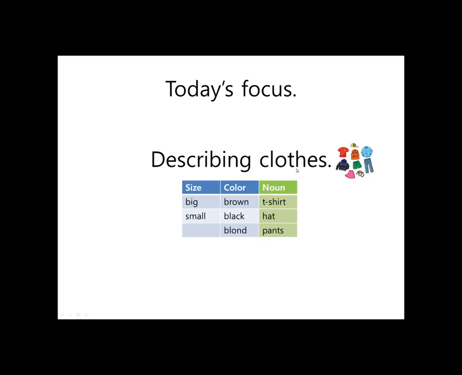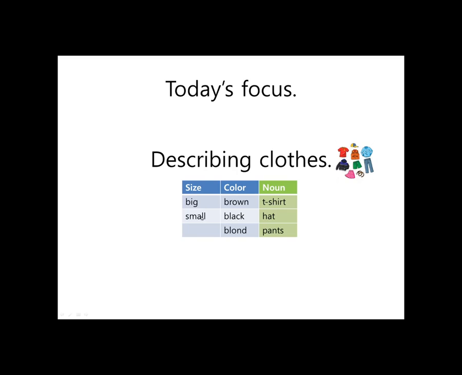Okay, and describing clothes, what people are wearing. Today we will put them in the order of adjectives: size, color, and our noun, our thing. So he is wearing a big brown t-shirt.